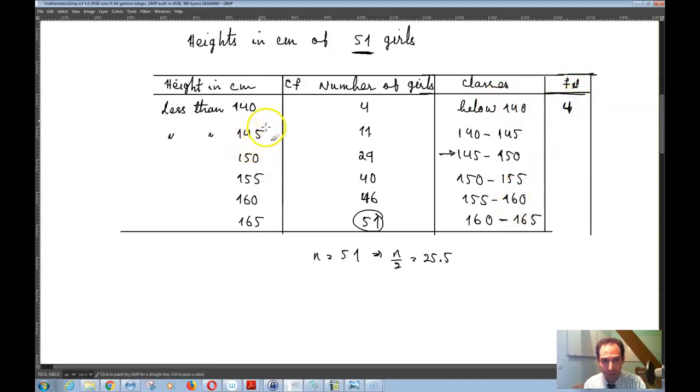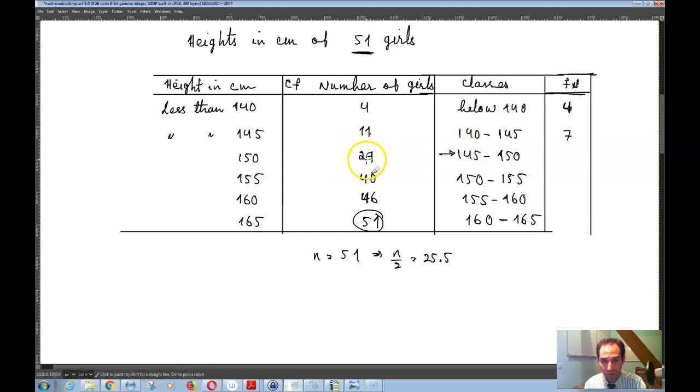Now we said that less than 145 is 11, and that of course includes this class as well. So you have to subtract from 11 this number, and then you will get the frequency related to this class alone. So 11 minus 4 is equal to 7. Then over here we said that less than 150 was 29.